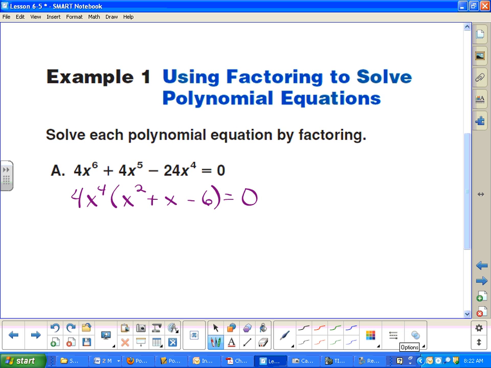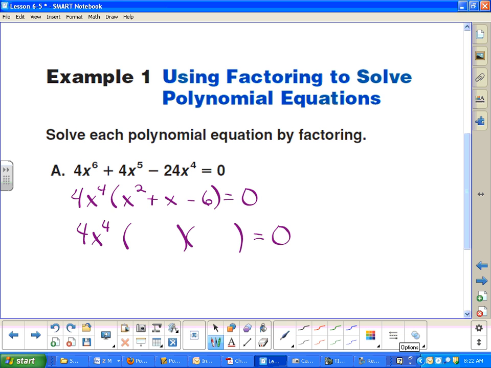Can we factor x squared plus x minus 6? So we're going to have, just like our little practice problems we were doing from page 338. Right?